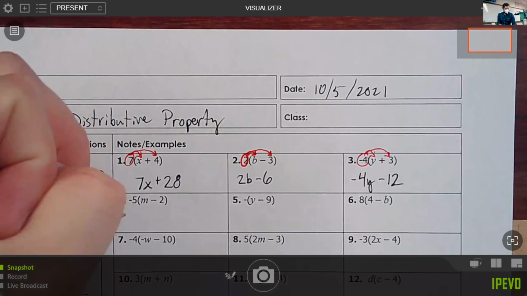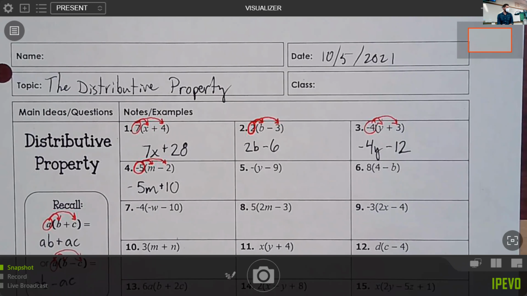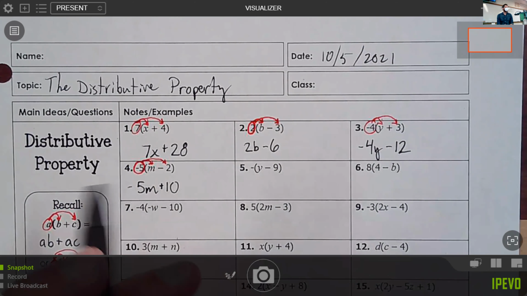Number 5. Does anybody know what to do with number 5? I'm sure you've seen something like this in previous years, but do you remember what to do when you see just a negative? So it's a negative times the quantity y minus 9. Anybody remember what to do with that?